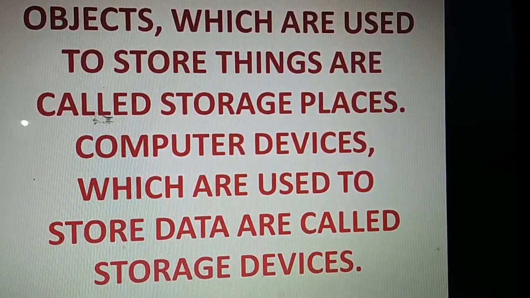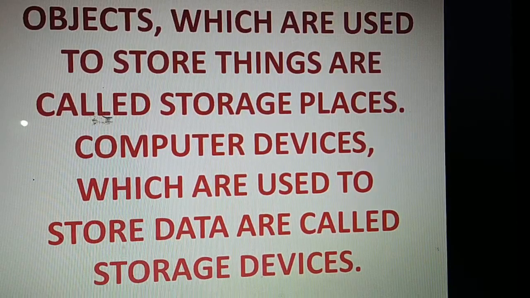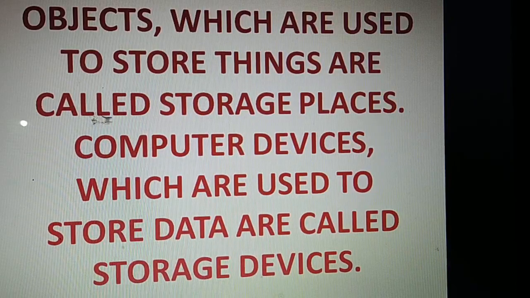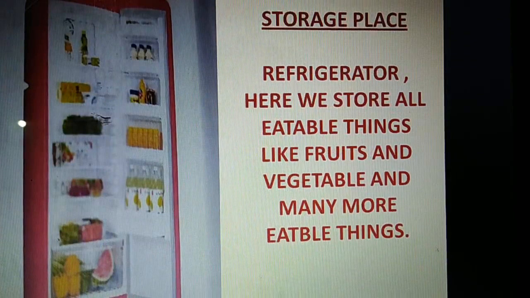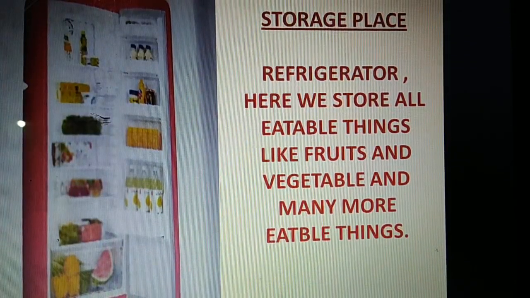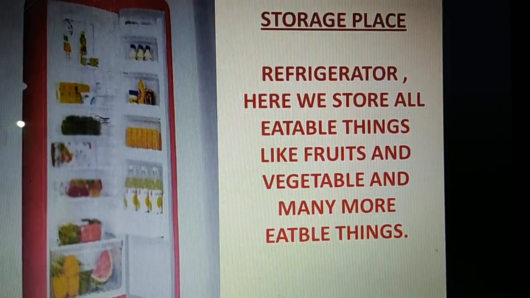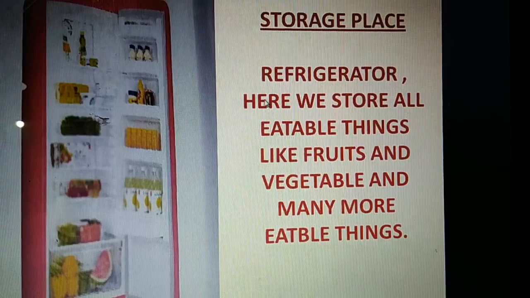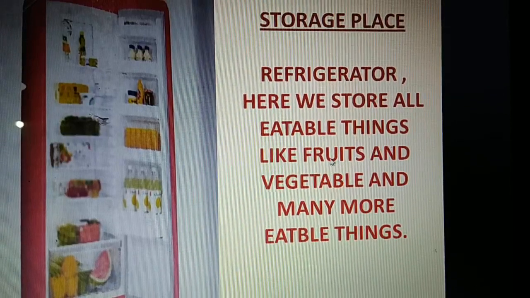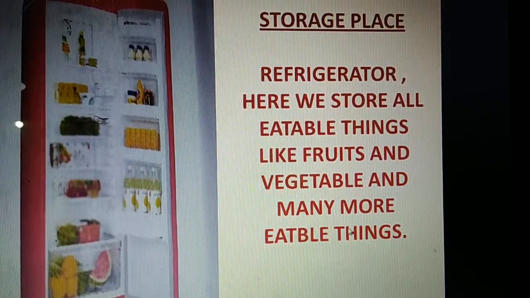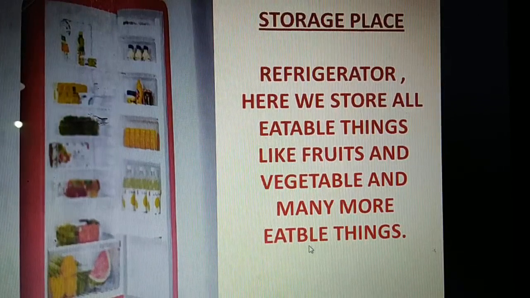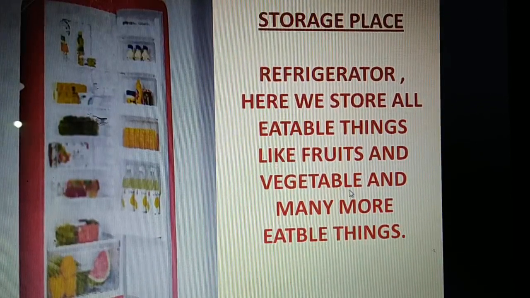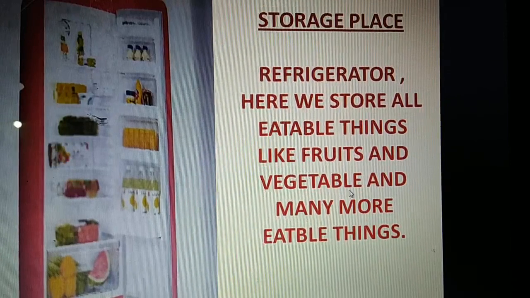Generally we have these types of storage places in our house. Like, see, refrigerator. This is a storage place. What do we store here? All eatable things like fruits, vegetables and many more eatable things.